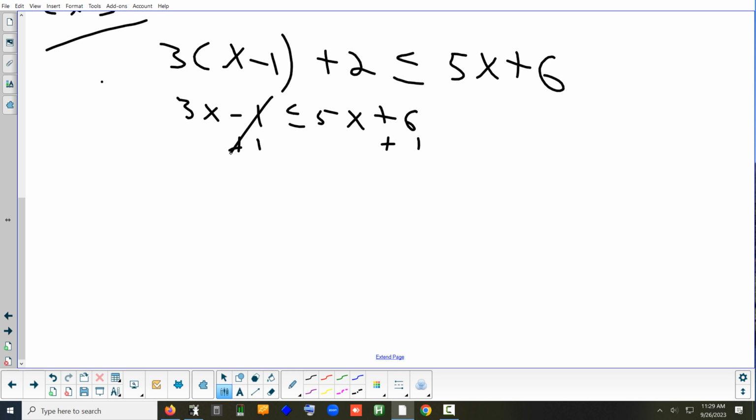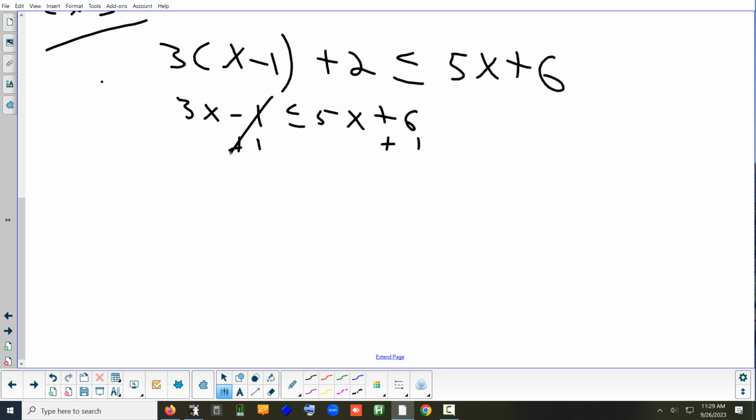You could, but the problem is it's going to leave 0 on one side. If you were going to try that, it would have been better to subtract the 6. But for this, you've got to get the x on one side and the numbers on the other. We want to put the x's on one side and numbers without x's on the other.